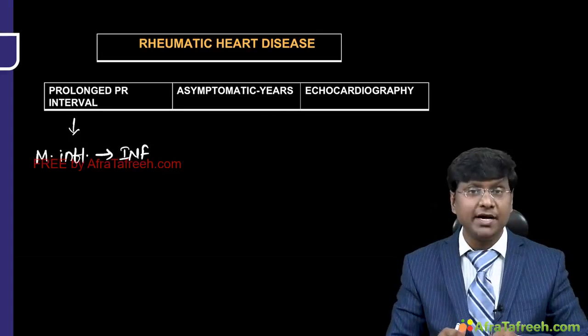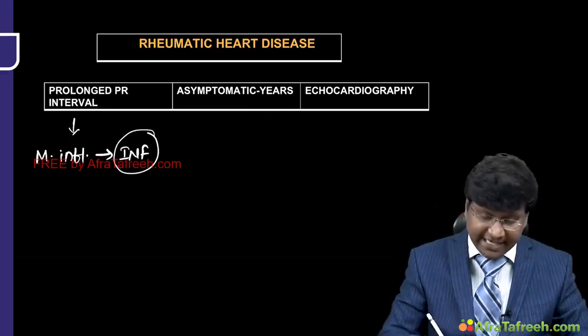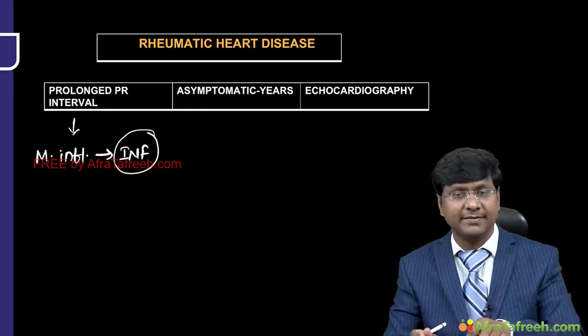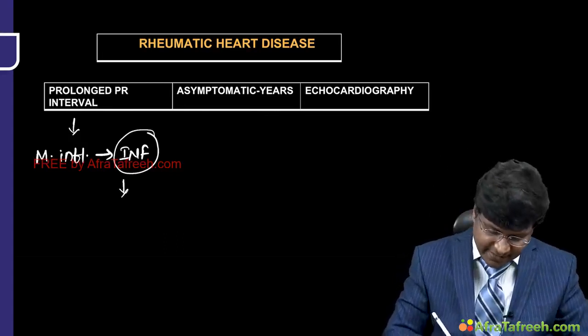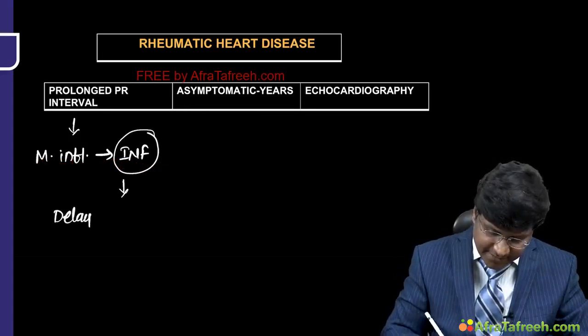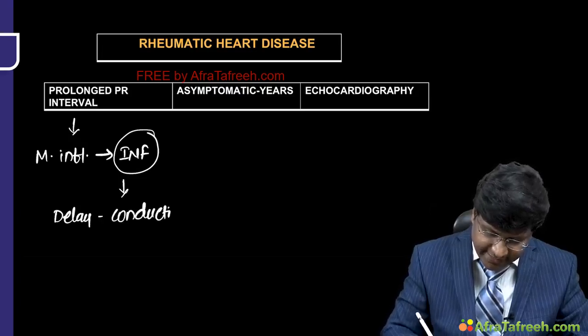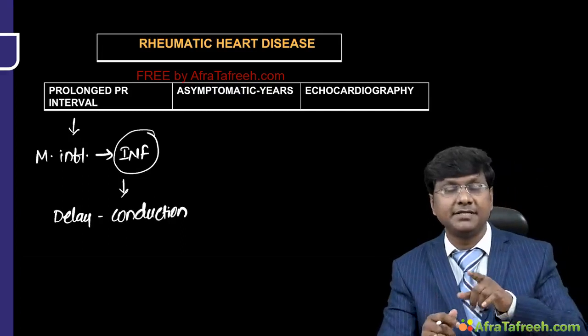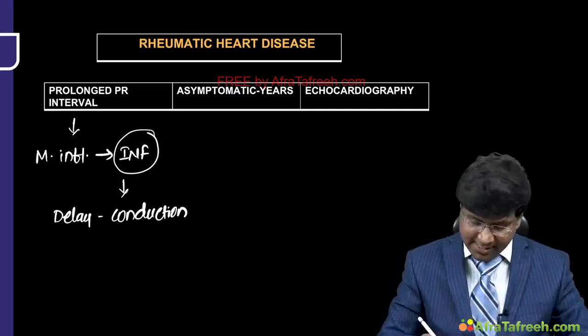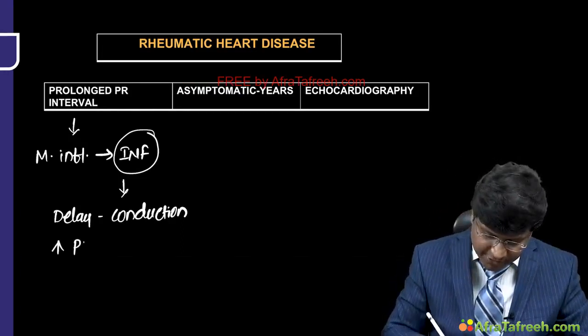Once the inflammation affects the internodal fibers, there will be a delay in the conduction of electrical impulses from the SA node to the AV node, and that will cause prolongation of the PR interval.